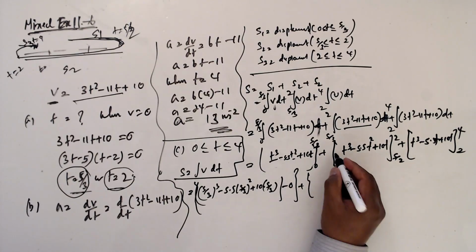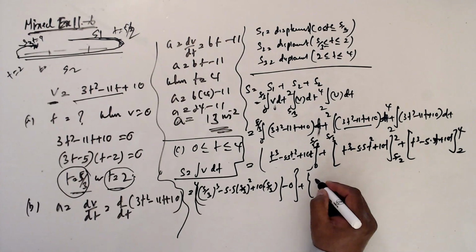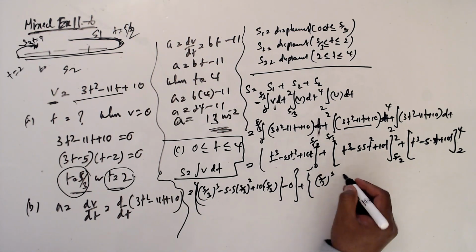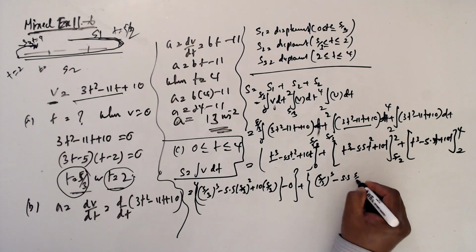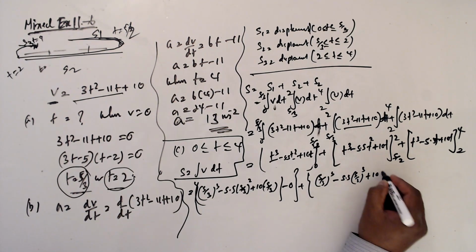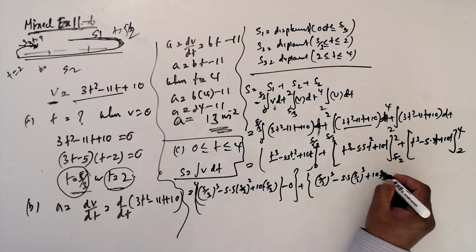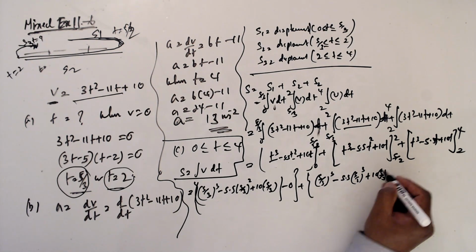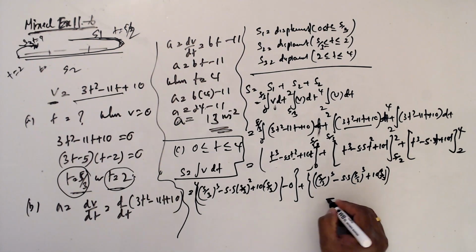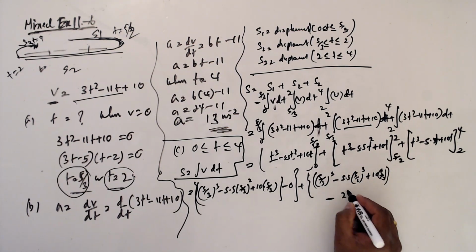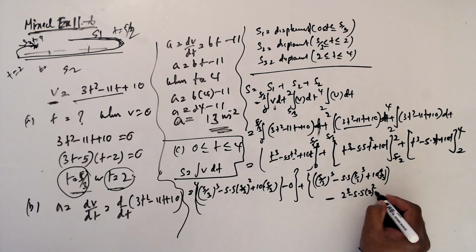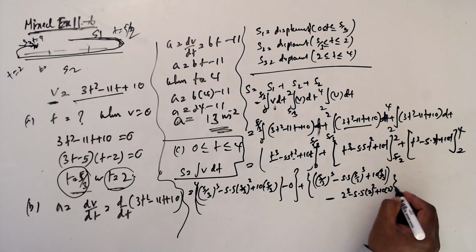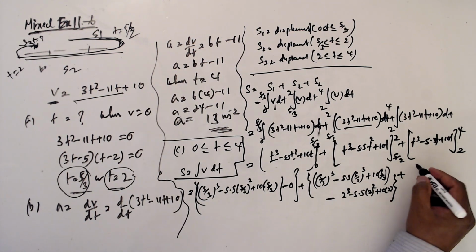The second one, 5 by 3 cube minus 5.5 times 5 over 3 square plus 10 times 5 by 3, minus now 2 cube minus 5.5 times 2 square plus 10 times 2, and plus this one now.